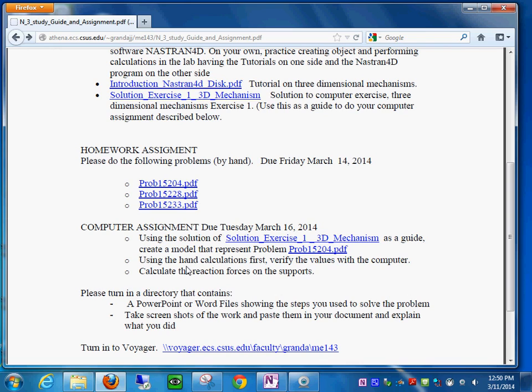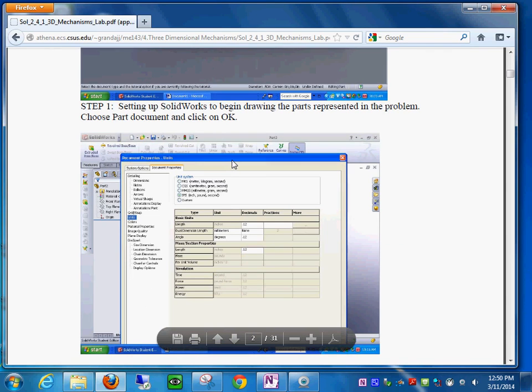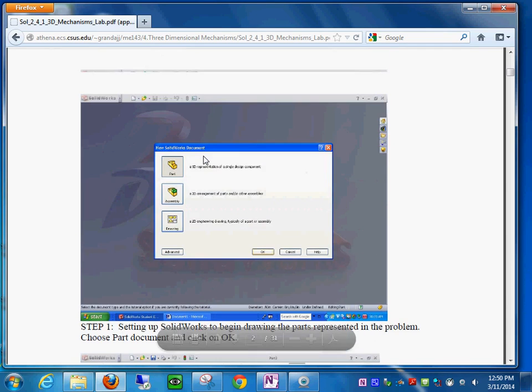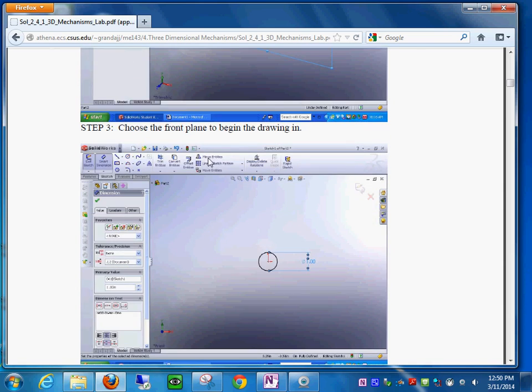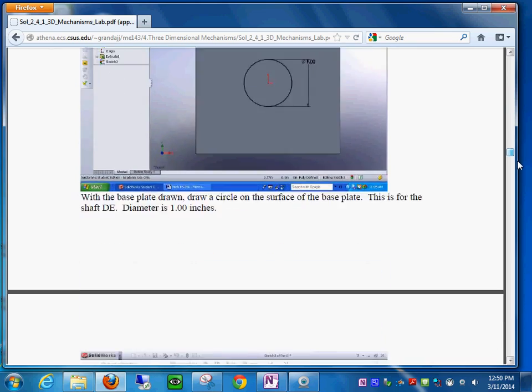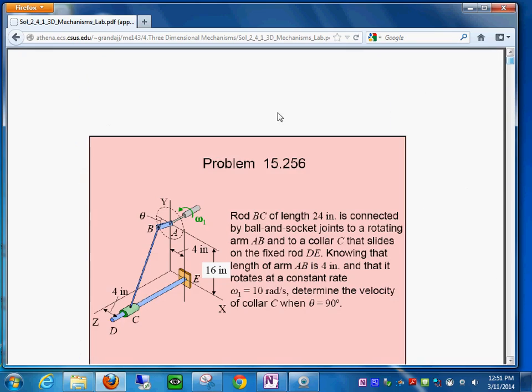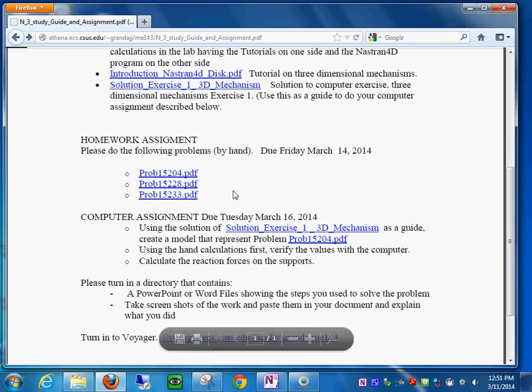So there is a tutorial in here that we can follow. Oh, this is the solution.